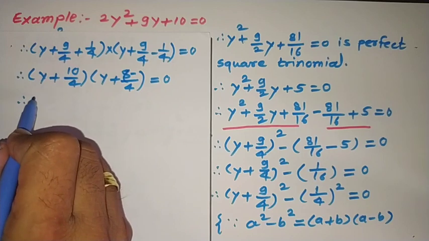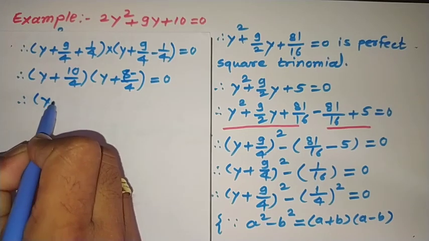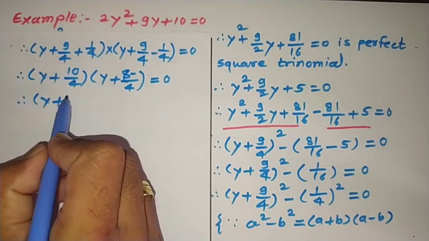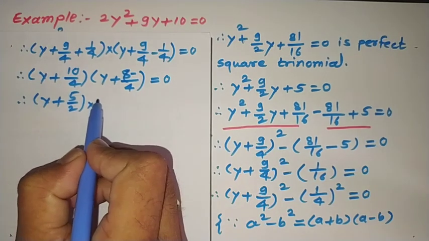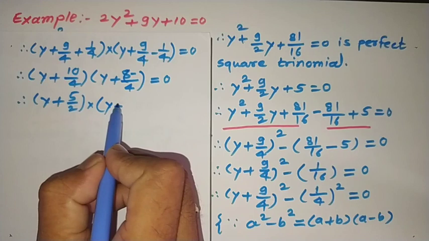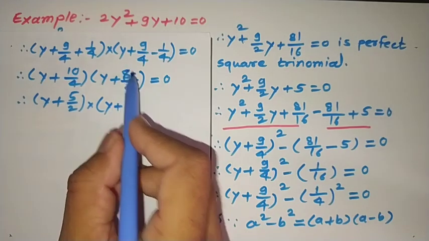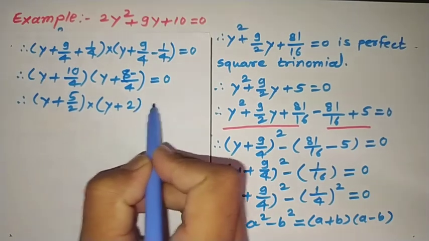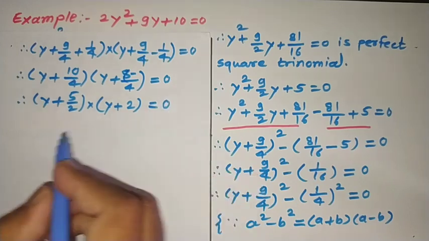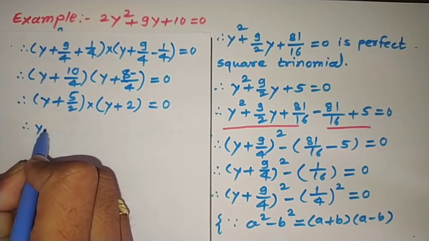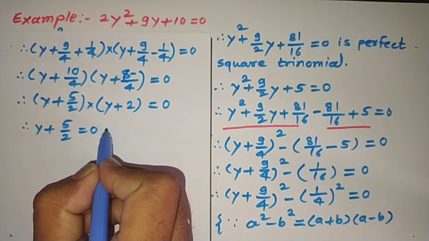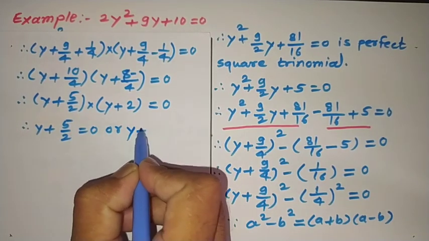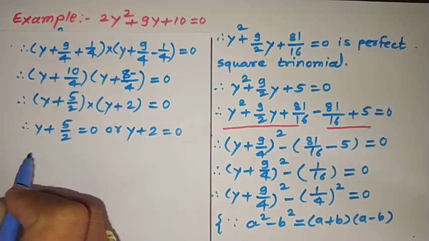Therefore y plus 2 fives are 10, 2 twos are 4, into y plus 4 twos are 8, is equal to 0. Therefore y plus 5 upon 2 is equal to 0 or y plus 2 is equal to 0.